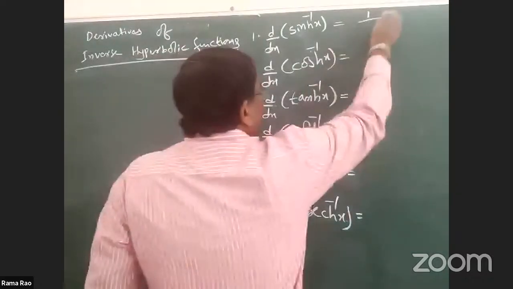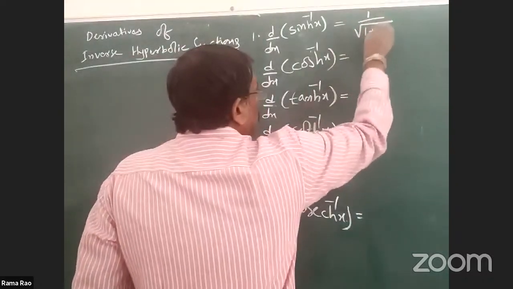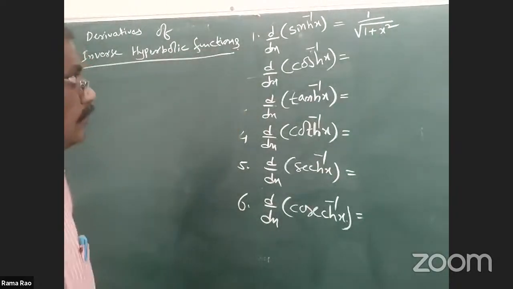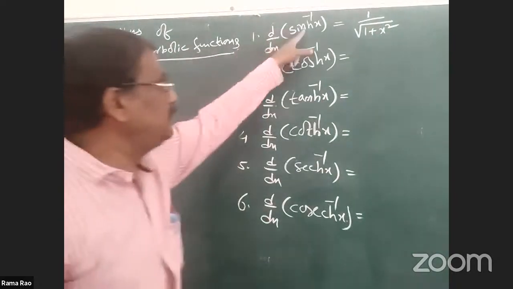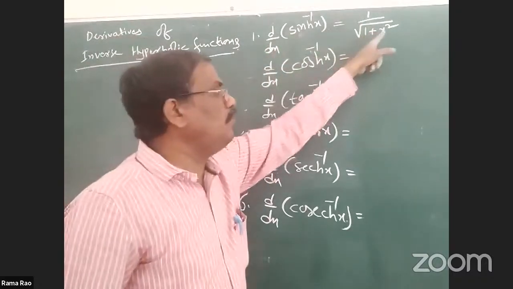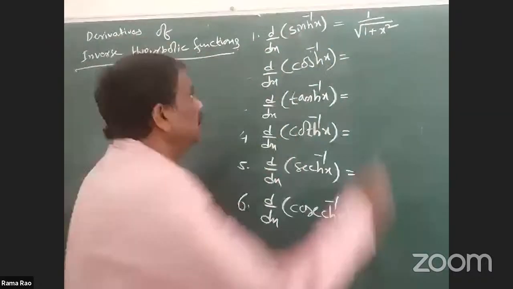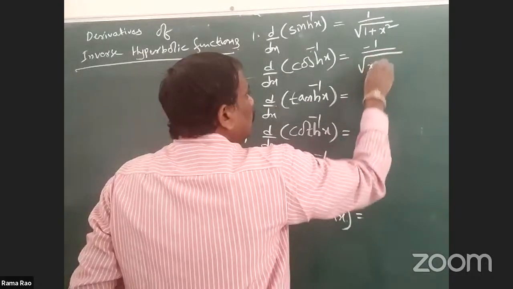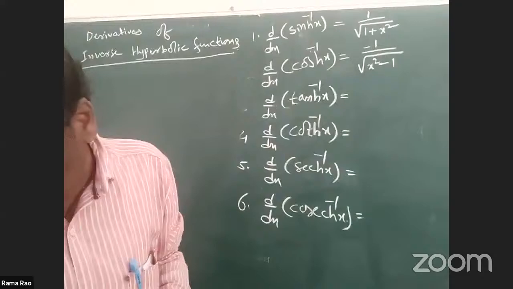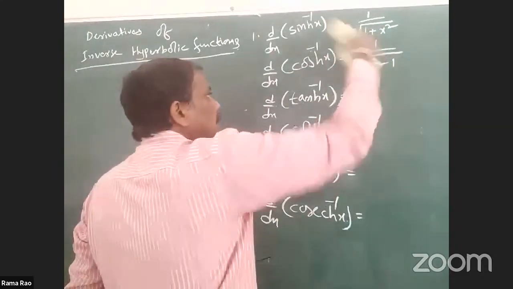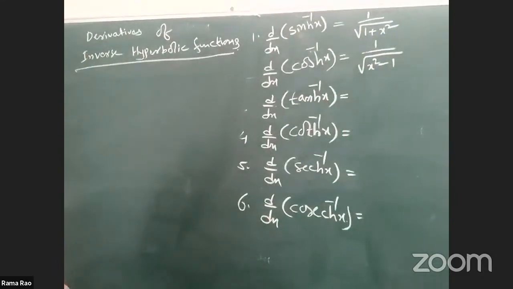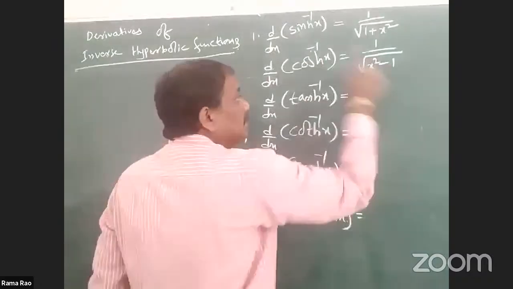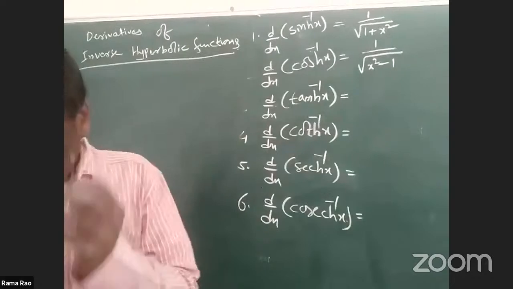Derivative of sinh inverse x is equal to 1 by under root of 1 plus x square. For cosh inverse x it is 1 by under root of x square minus 1. Here 1 plus x square is there, here x square minus 1 is there.